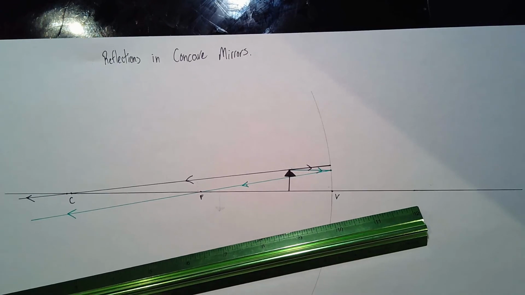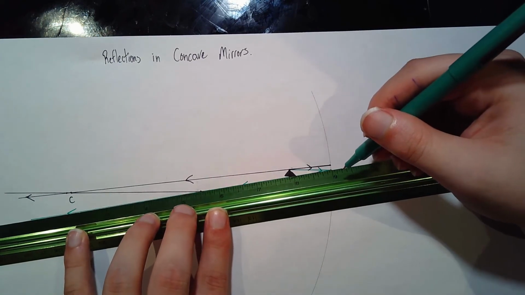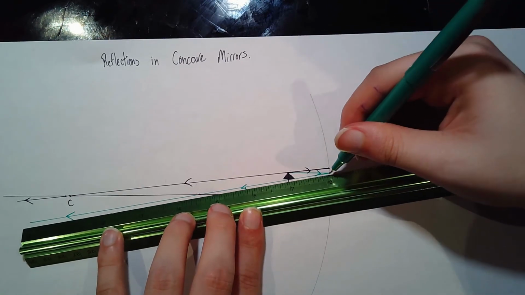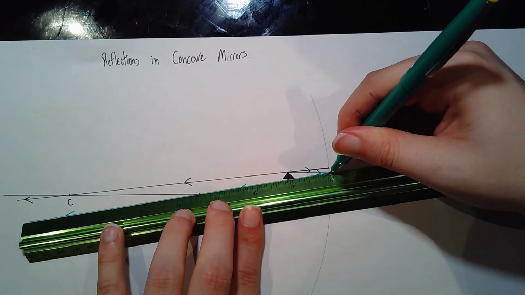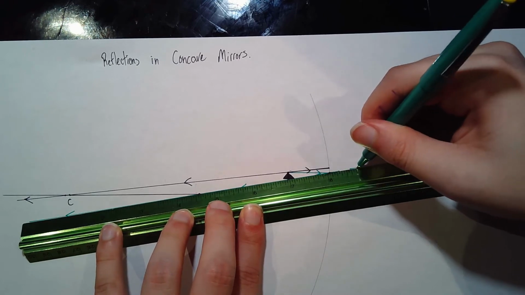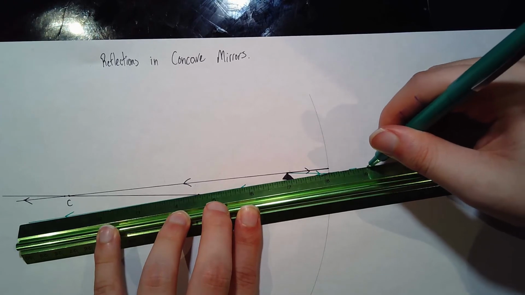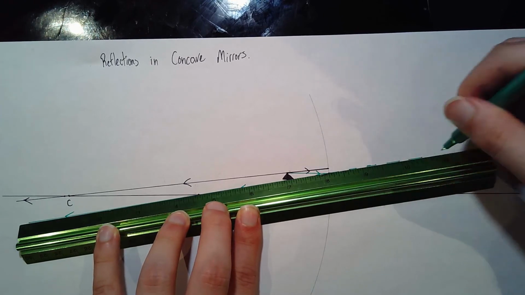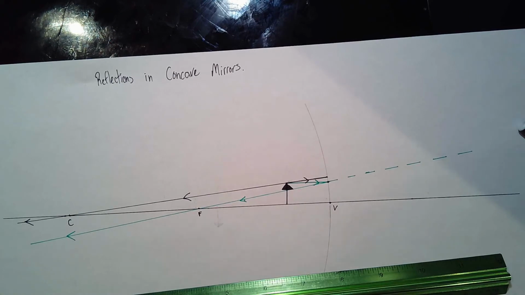So what we're going to do is very similar to plane mirrors. We're going to extend this line backwards into the mirror. So I'm going to take this reflected ray and just use dotted lines to go back into the mirror. And the reason I'm using dotted lines is because these rays do not actually exist, right?